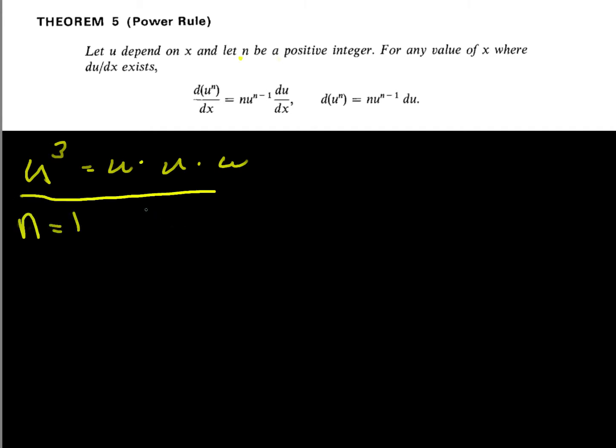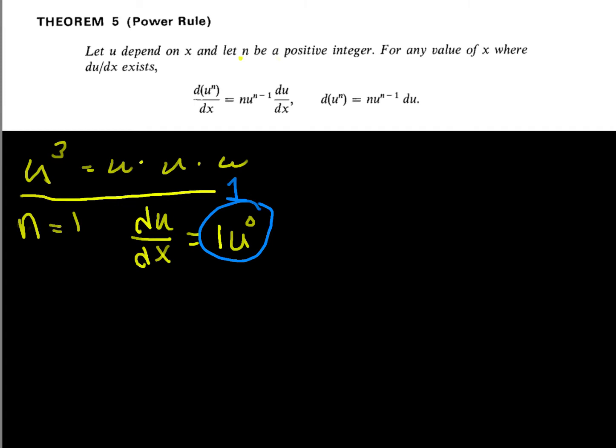And so the derivative of u with respect to x is exactly what it is, but we could rewrite it this way: 1 times u to the 0. Notice that that's just a fancy way of writing 1, since u to the 0 is 1. I'm introducing it to see that we'll hold the pattern.